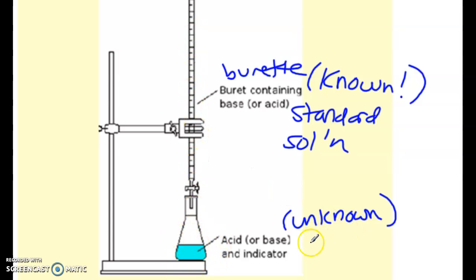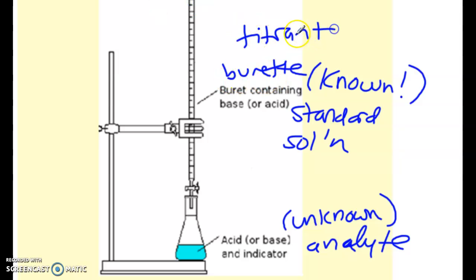The one that we don't know is called an analyte. It's the one we are trying to analyze, if you want to think of it that way. Standard solutions can also go by the term titrant. It's the one that we are titrating with. So we're analyzing the analyte, and we are titrating with the standard solution, known as a titrant. It's just terminology that's being used here.